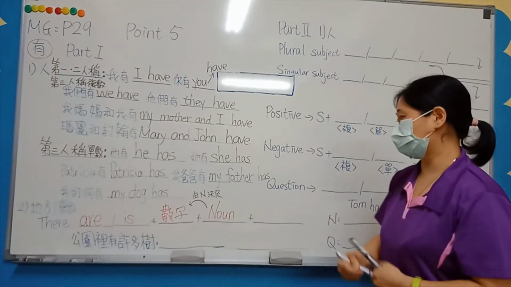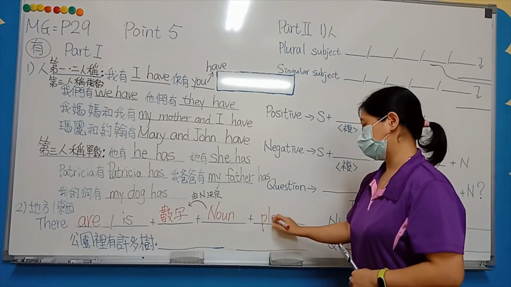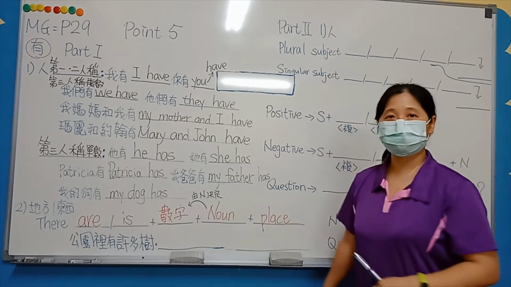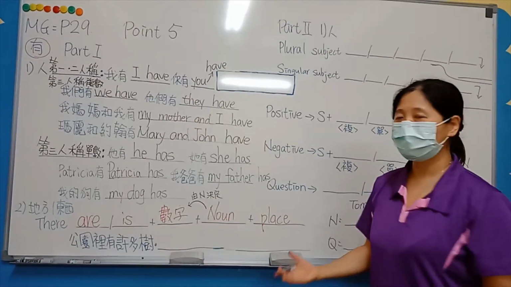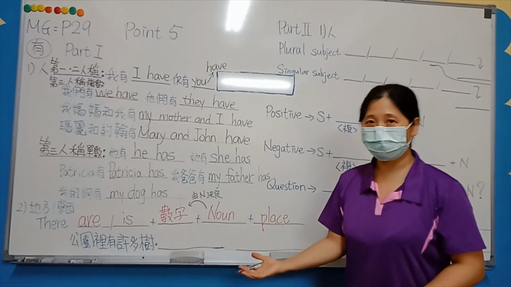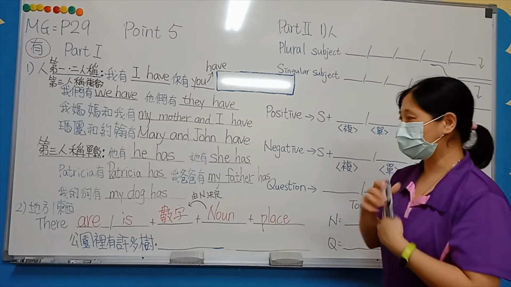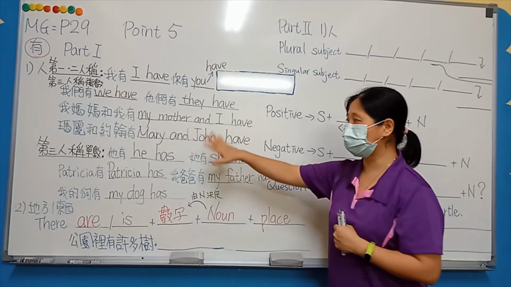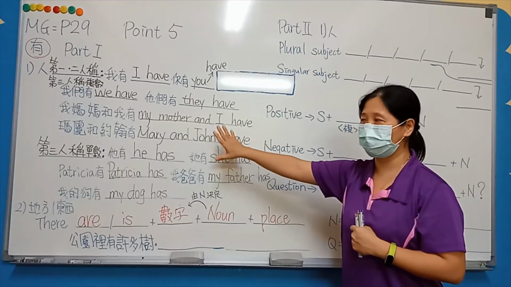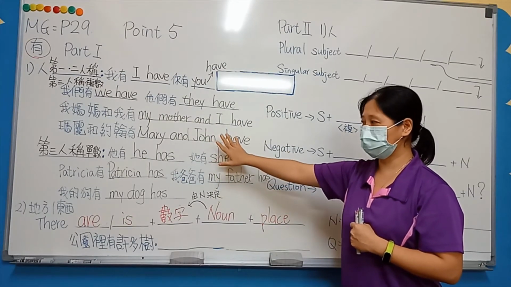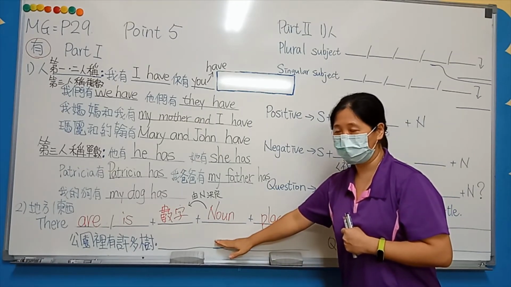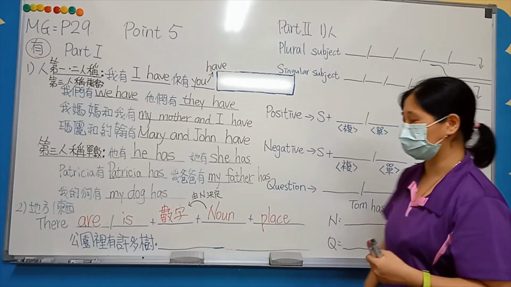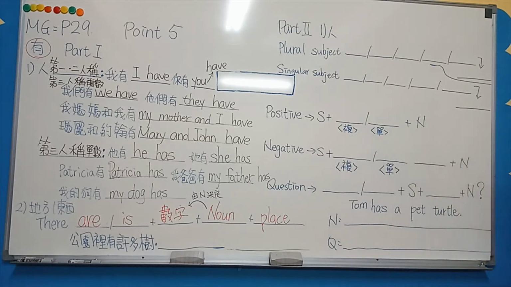So here, you just need to write down place. Okay now, in the classroom, on the table. So you need to tell me where. Okay, now can you please write down, check the correction here if you have any mistakes. Check the correction, write down here and this example. Okay now, 公园里有许多树. Please write down your example.